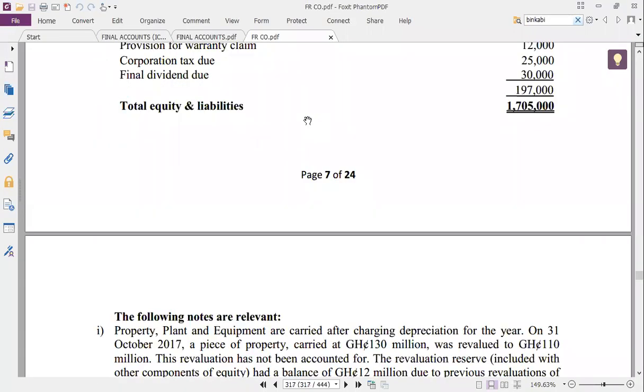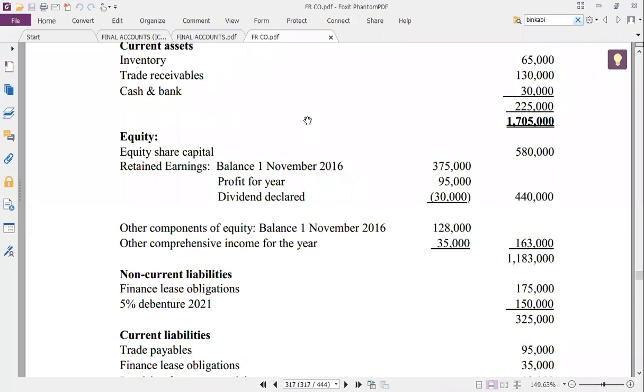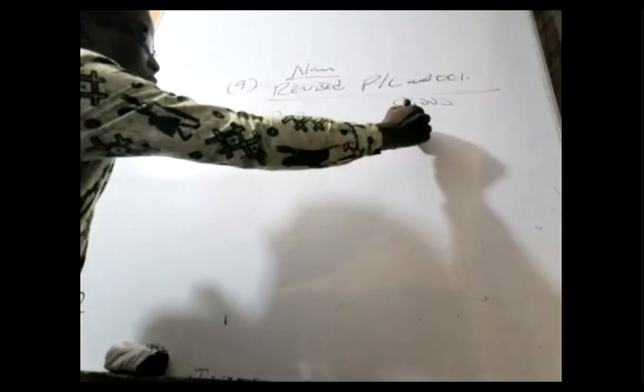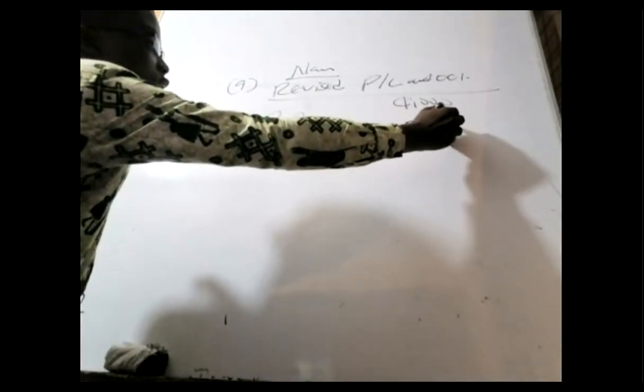And listen, when you start the question, the first 15 marks, pick them. Profit for the year is 95,000. So you write this 95,000, you score yourself 4 solid ticks. One for the name, heading, currency, and this.